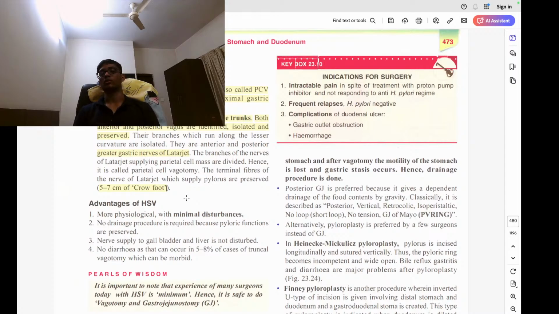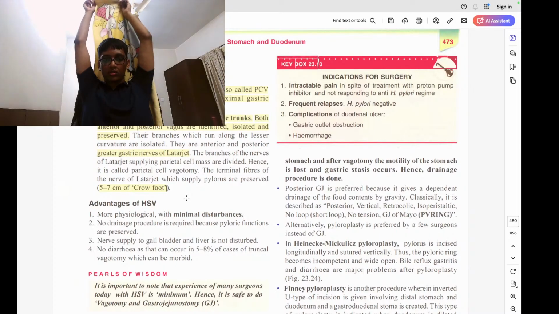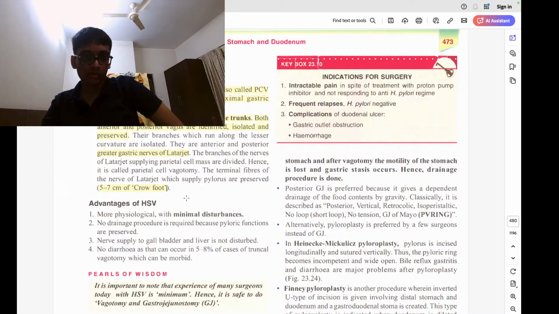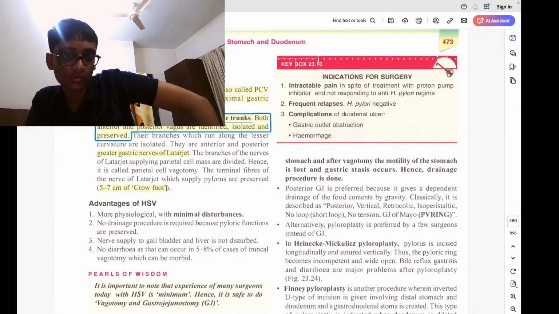So again, the vagi are not divided at the trunks. Both anterior and posterior vagi are identified, isolated, and preserved. Their branches which run along the lesser curvature are isolated. They are the anterior and posterior greater gastric nerves of Latarjet. Parietal cell vagotomy here.